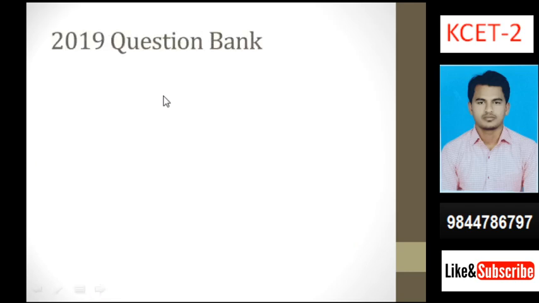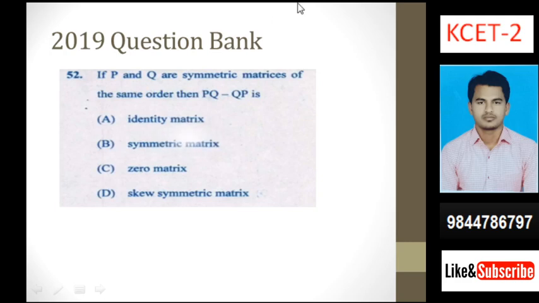Now, the question paper from the year 2019. The question is, if P and Q are symmetric matrices of the same order, then PQ minus QP is what?